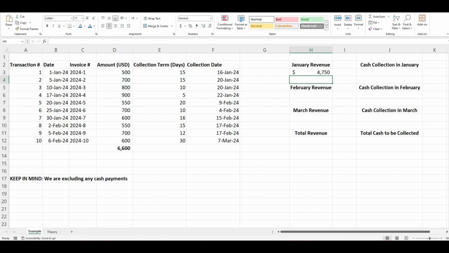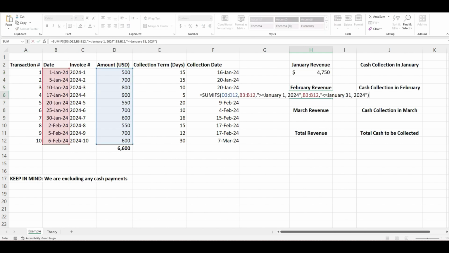And there you go. So the total amount of revenue for the month of January is 4,750. Let's double check. For us to find the revenue, we look at the transaction date. So we add all the values for the transactions in January, and the total is 4,750. Now what we do is we copy the formula all over.